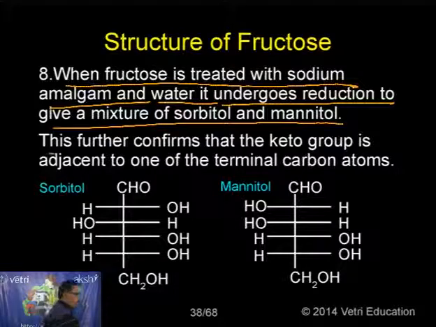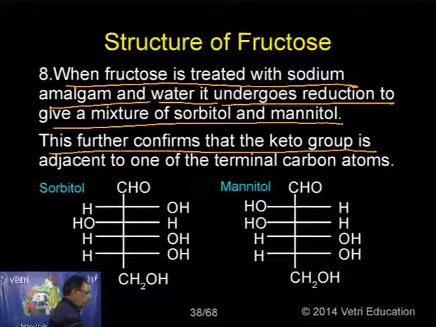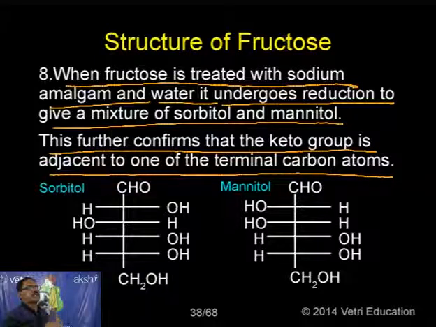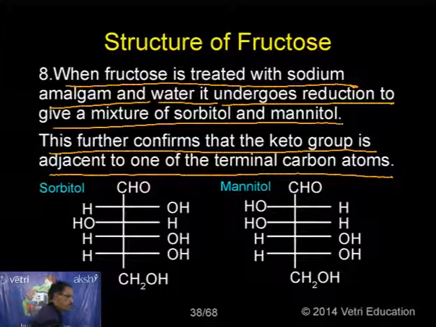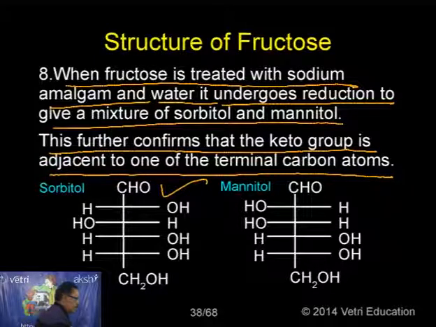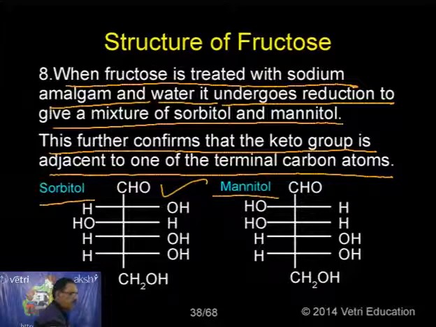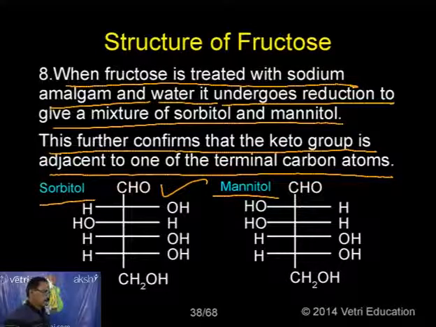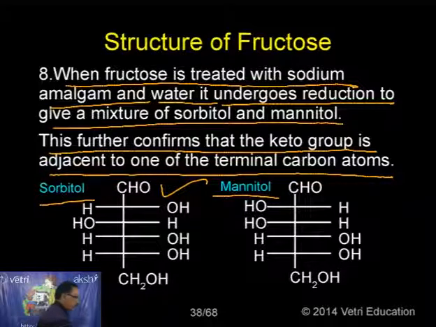This further confirms that the keto group is adjacent to one of the terminal carbon atoms, that is, it is on the second carbon atom. This is the structure of sorbitol, kindly follow. This is the structure of mannitol. The only difference here, kindly follow, is that up to this point it is common.